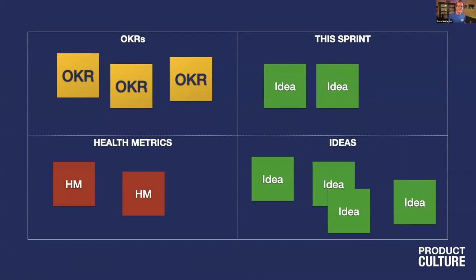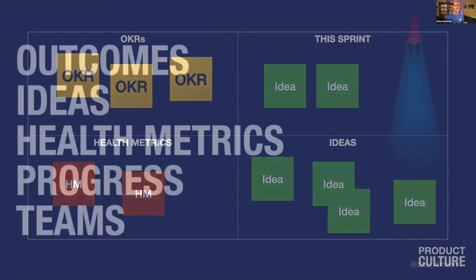So these are my favorite 4 buckets. 2 of them, the health metrics and the ideas, complement the OKRs. They're not technically part of the OKR canon, but I've found them to be extremely helpful for product teams to allow them to focus on the few things they most need to change and keep them outcome-based in the OKRs.